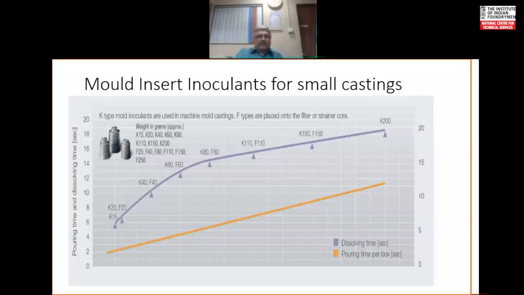Now here is a graph that they provide for dissolution time for these shapes versus the pouring time for the iron, based on which you can choose what size of the cast block you should use for doing the inoculation. This is for smaller pouring times, smaller castings.